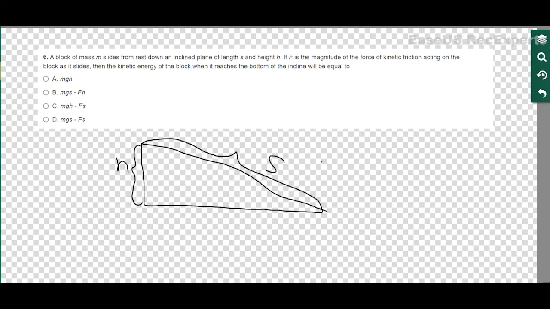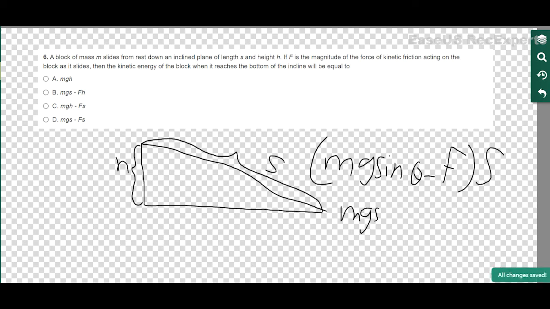Net force is going to be equal to mg sine theta minus the kinetic friction, which is just F. Now we want to multiply this all by s. So we'll have mg sine theta times s minus fs.